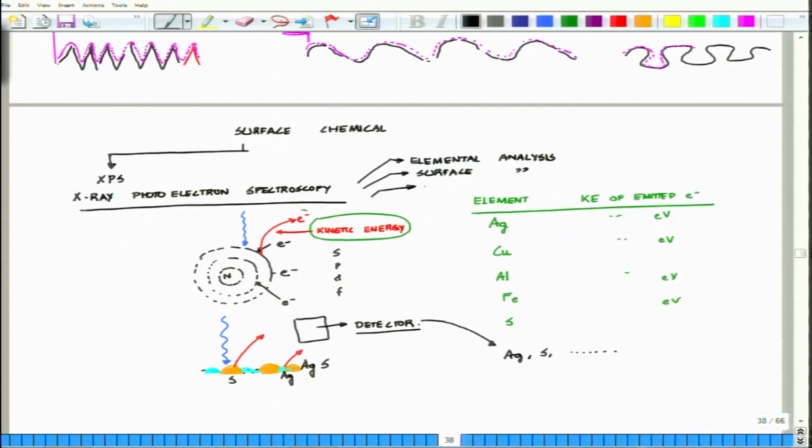You can talk about some form of advanced imaging, or atomic imaging, of materials.